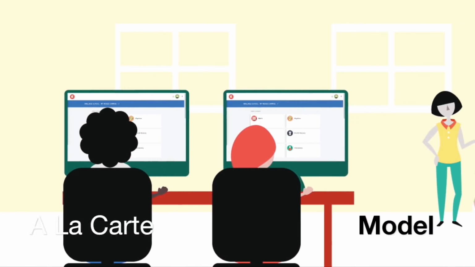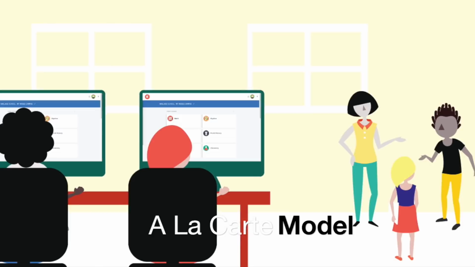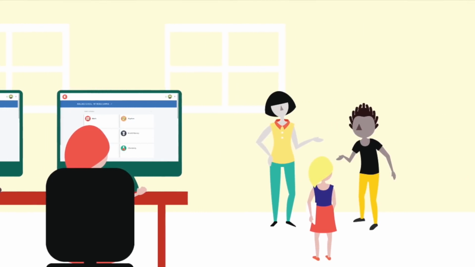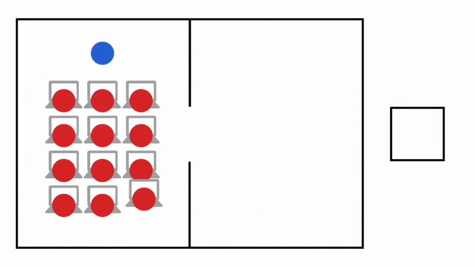The a la carte model refers to a course that a student takes online while attending school. It basically enables students to take an online course with an online teacher of record in addition to other face-to-face courses, which often provide students with more flexibility over their schedule.